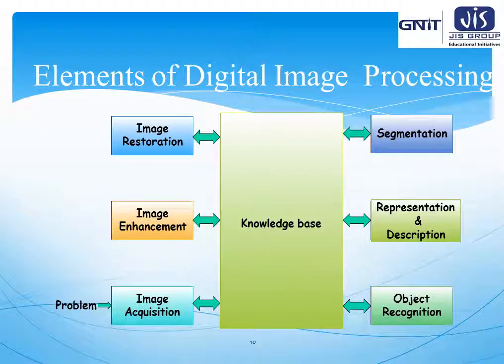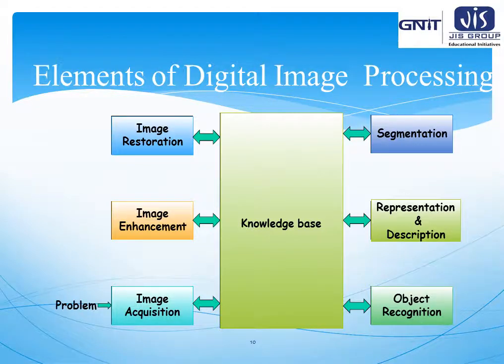If the image is destroyed in some portions, that can be reconstructed using image restoration. If we want to deal with a particular portion of the entire image, we want to bring that particular area out of the entire image, that can be done by segmentation. If we want to deal with different features, that is known as representation and description. And the last one is object recognition, by which we can easily separate out and identify a particular object from the entire image.